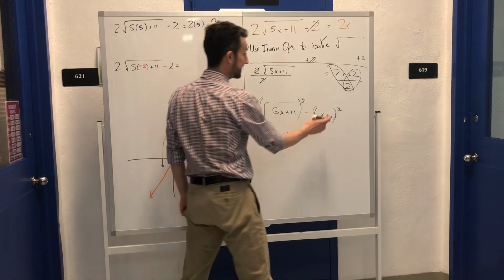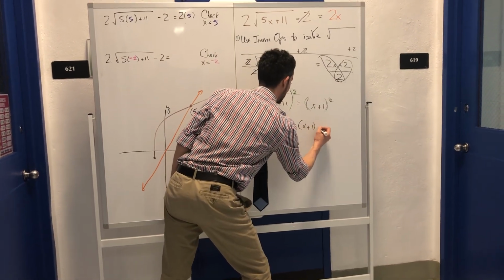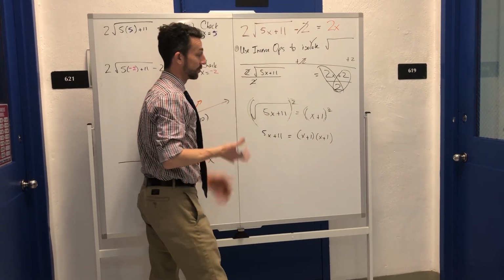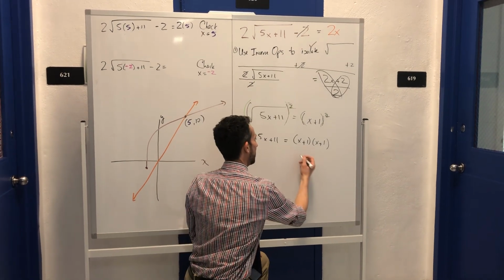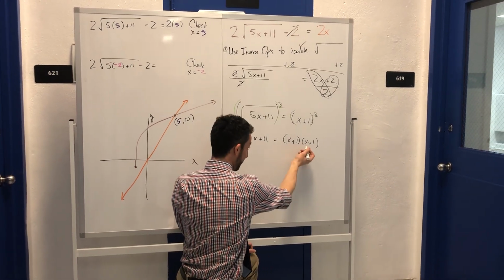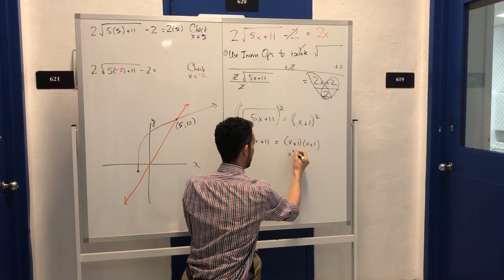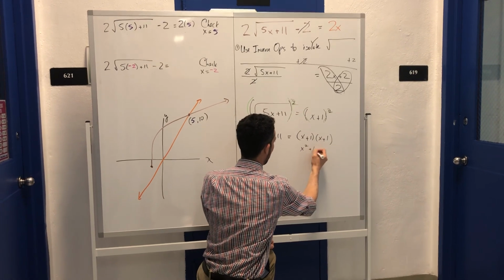Now on this side, this is x plus 1 to the second power. So we can think of this as x plus 1 times x plus 1. And we could use a box or some other method to multiply. I'm going to use FOIL this time. The first term, x times x is x squared. The outside term, x times 1 is positive 1x.